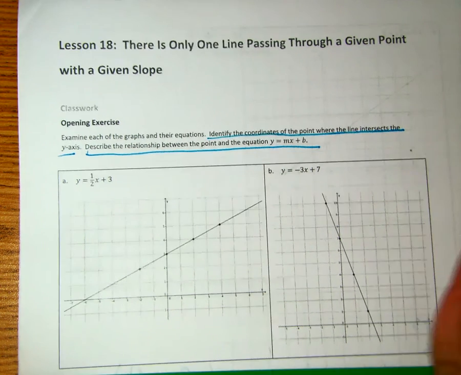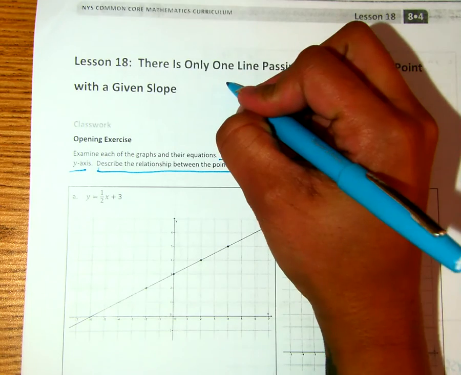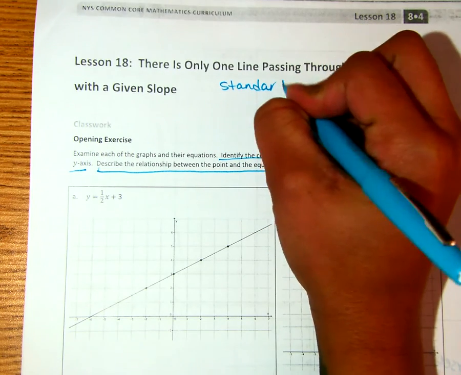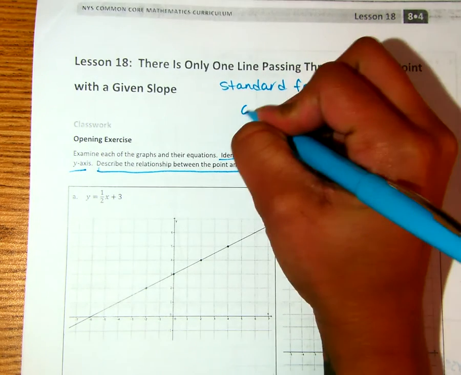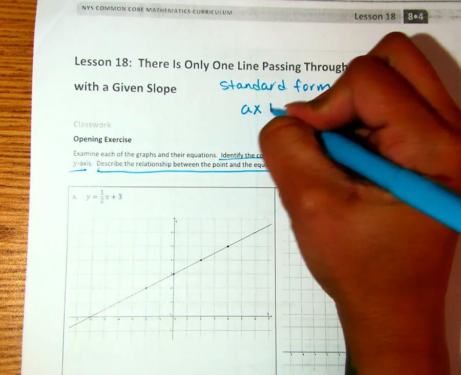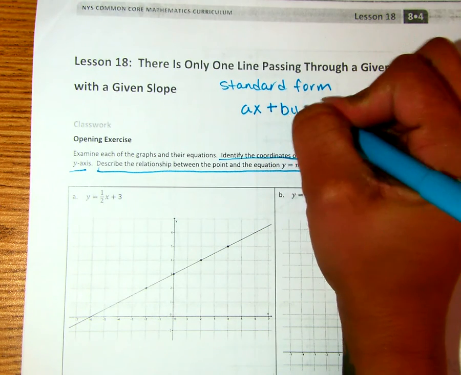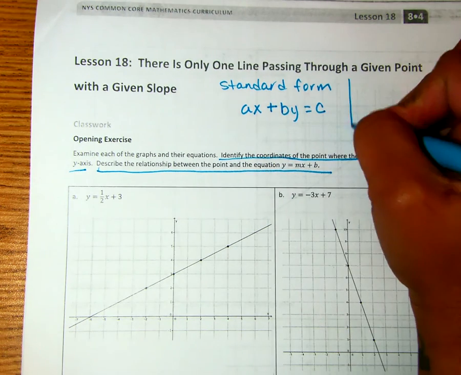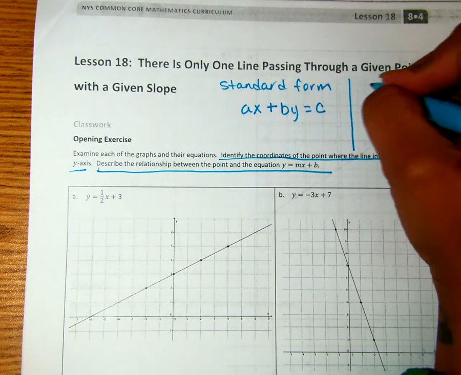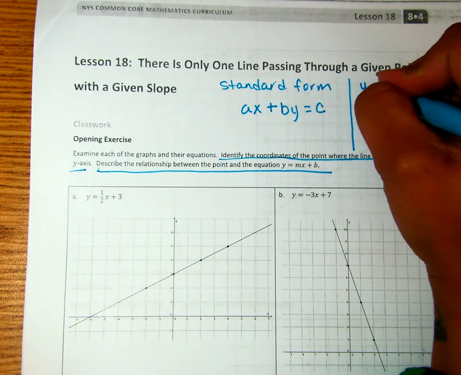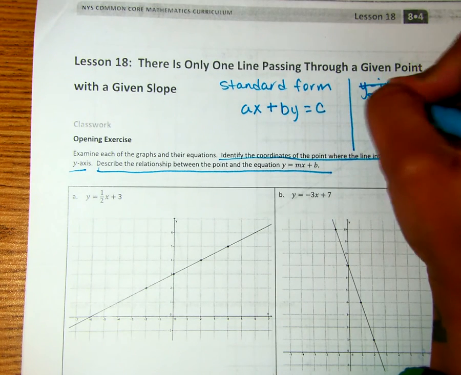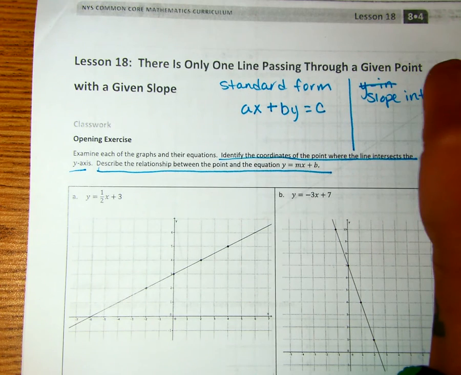We spoke briefly in yesterday's lesson about the standard form of an equation, and the standard form of a linear equation is ax plus by equals c. And then we transformed that equation into what's called our slope-intercept form.